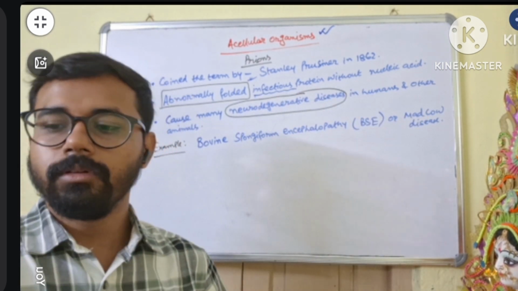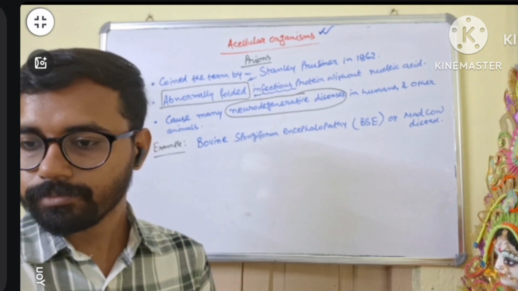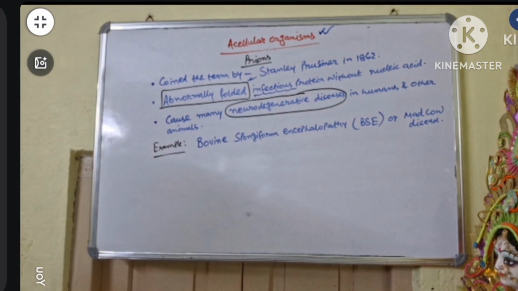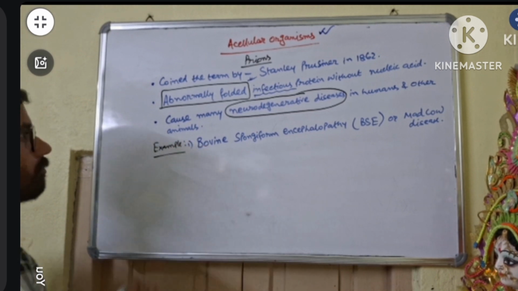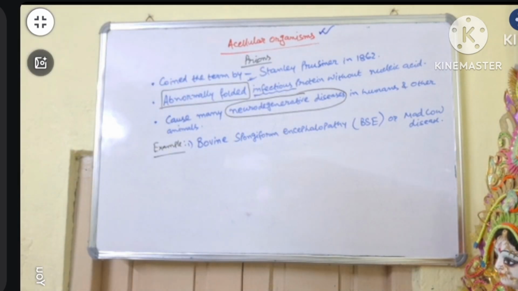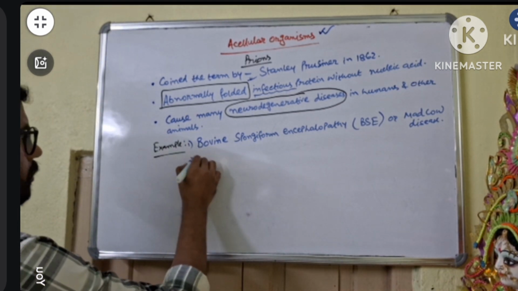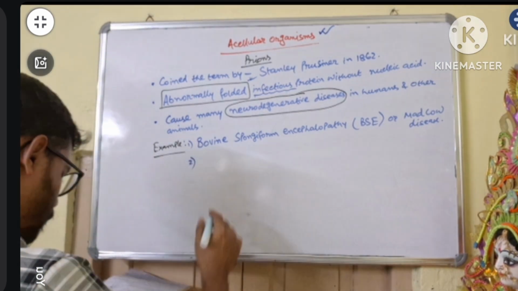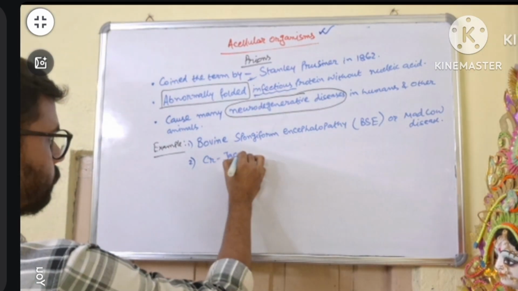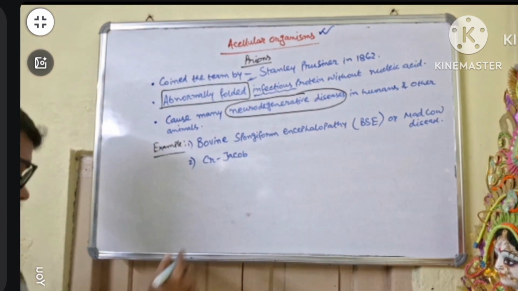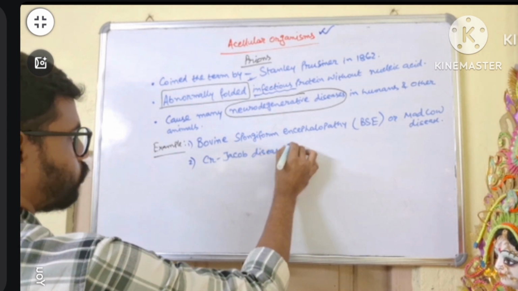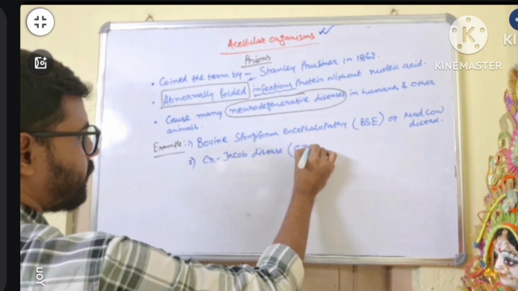It is a neurodegenerative disease. And a similar disease occurs in humans also, called Creutzfeldt-Jakob disease, short form CJD.